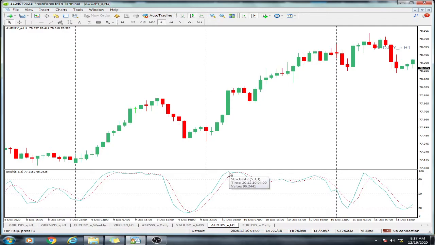Sometimes the concept does work, sometimes it does not work. The idea of buying when the price is oversold and selling when the price is overbought, sometimes it does work, but not all the time. Like in this case, it didn't work. The price basically continued to the upper side. It was overbought, yes, but the price still went upwards.